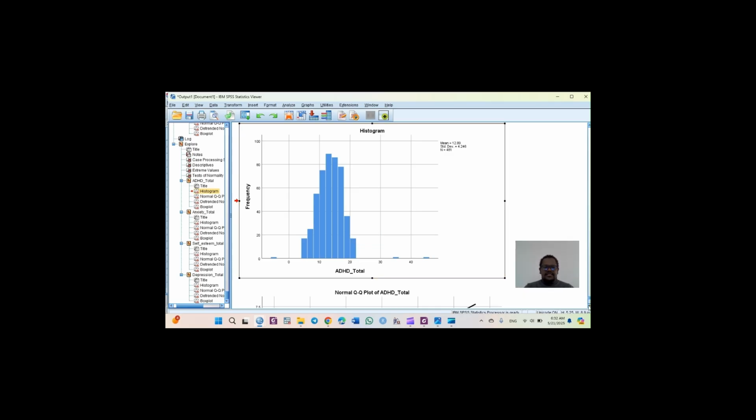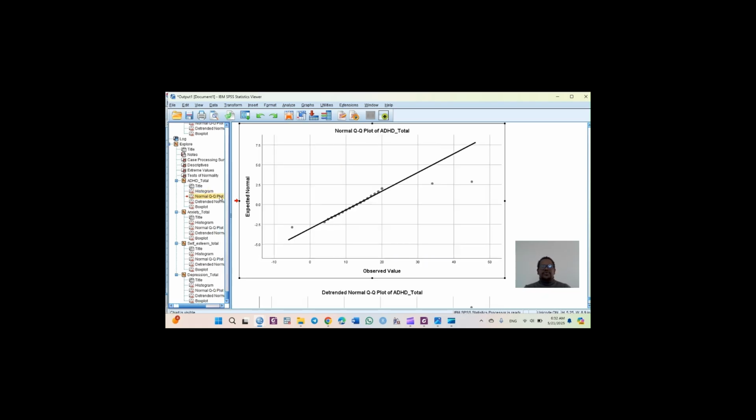And the other is the QQ plot. With the QQ plot, we check how close the values are to the black middle line. Initially, we hadn't seen values like this. The dots indicate the items or the cases. So this is the first case.